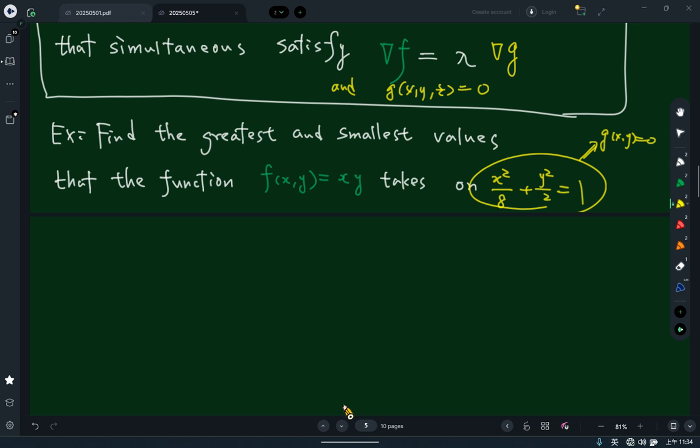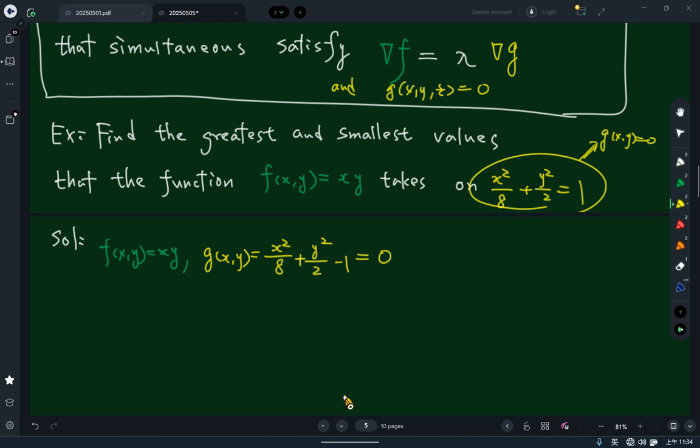So right now f of x, y is equal to xy. Then g of x, y, I can define as x squared over 8 plus y squared over 2 minus 1 is equal to 0.